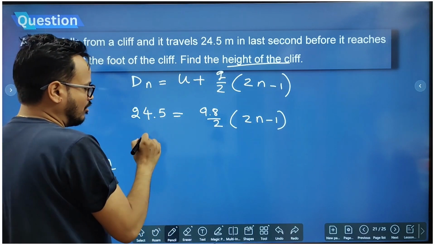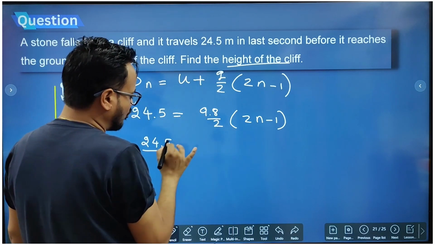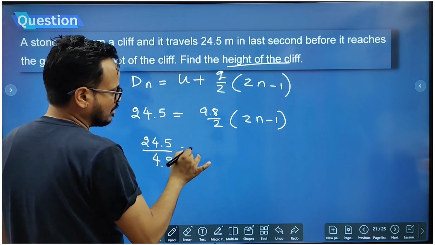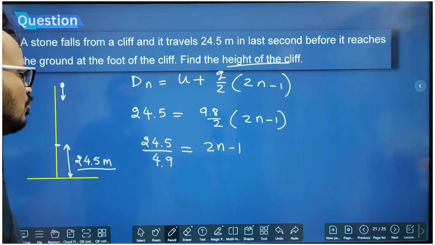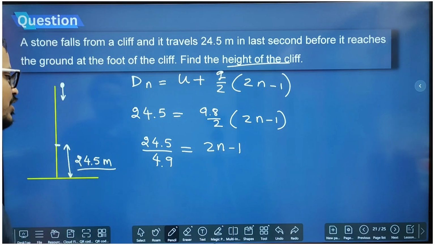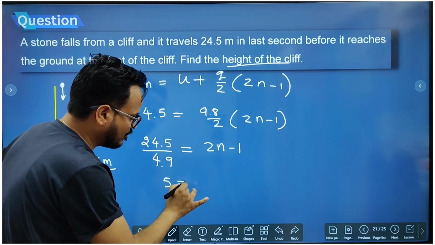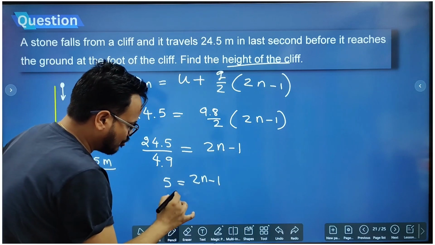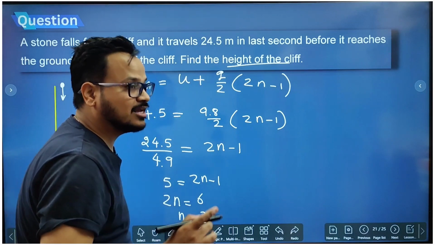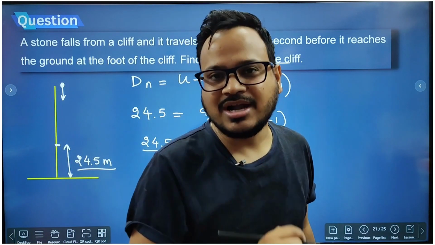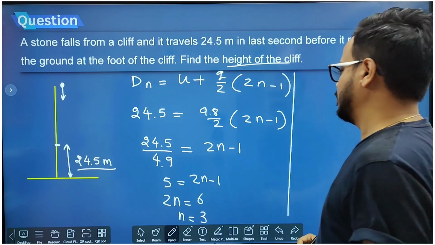So we can find the value of n. 9.8 by 2 is 4.9, so we divide by 4.9. 5 into 5 is 25, so this is 5. 2n minus 1 is 5, so 2n is 6, so n is 3. So the last second is the third second, so the total time taken by the stone to fall is 3 seconds.